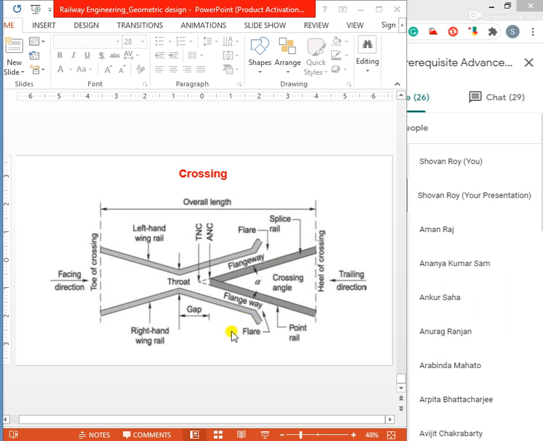This cross angle is made in the industry; various government industries and railway industries are there to make these crossing angles, and it is completely ready-made and comes directly from the industry to the railway site. So this is not important, but setting out this throat and setting out this wing rail is important in this crossing section.